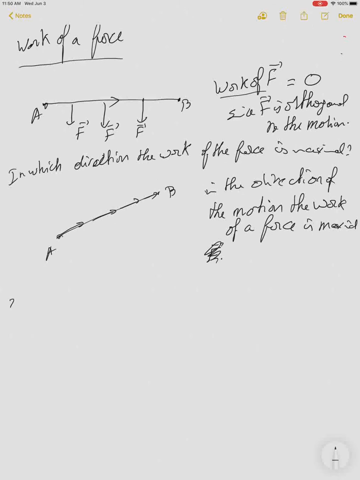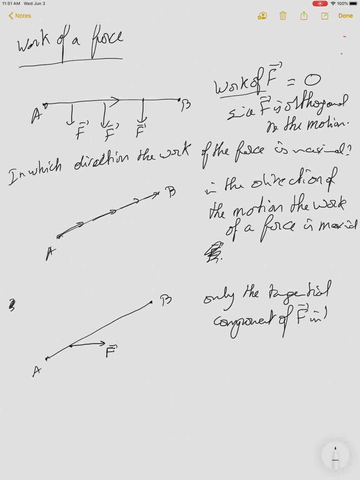But what if I'm moving, third case, this way? This is A, B, and this is my force. Then what will be the contribution of F? Only the tangential component of F, in this case, contributes to the motion.